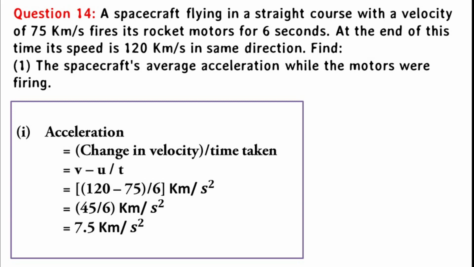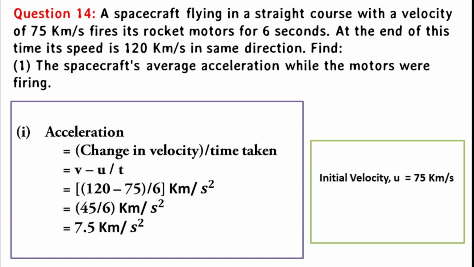Okay, let us write down the given values. Initial velocity is given as 75 km per second. Final velocity v is given as 120 km per second. As both the velocities are in same unit, need not convert in meter per second. Time is given as 6 seconds.